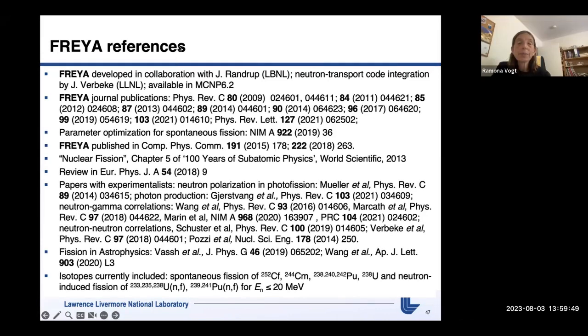So reactors, as Nathan mentioned yesterday, rely on the fact that you're not generating a full chain reaction.